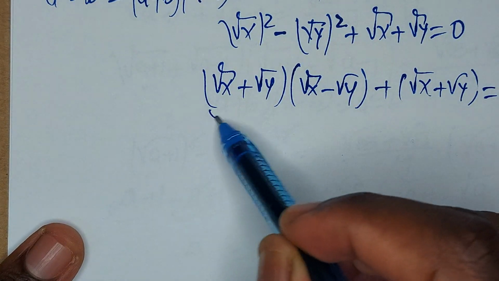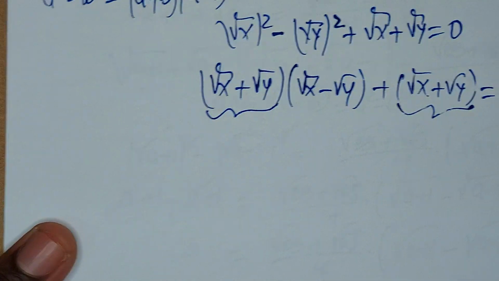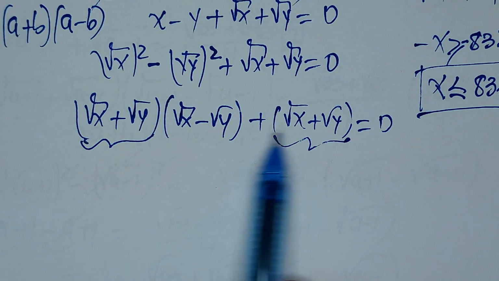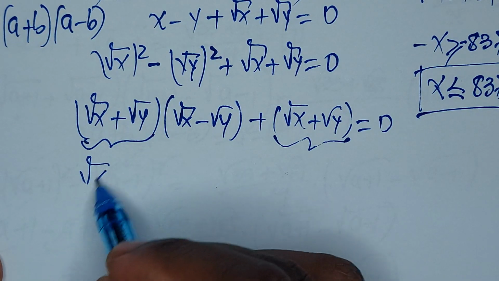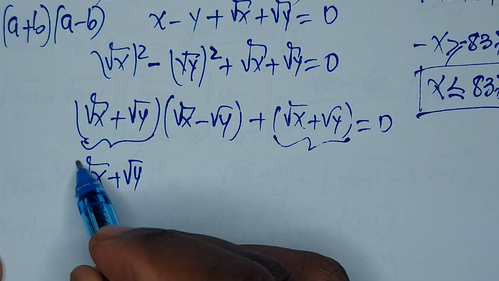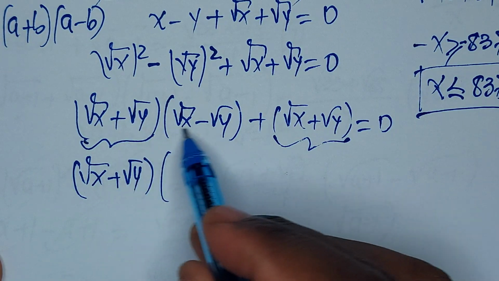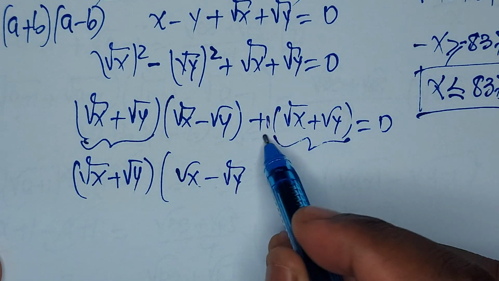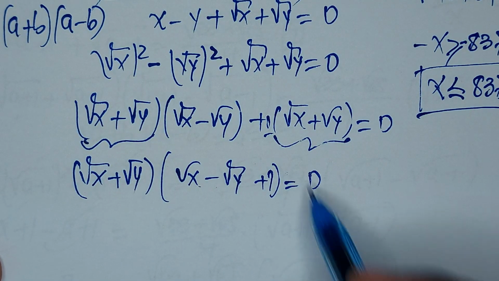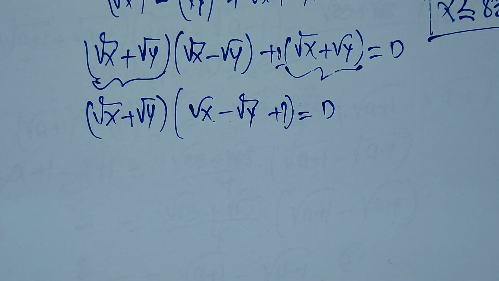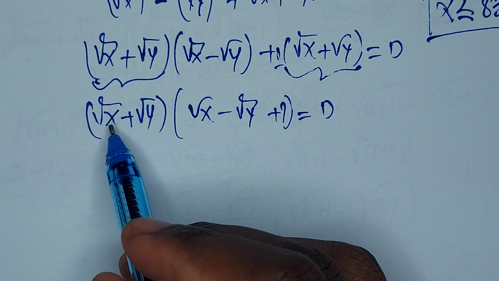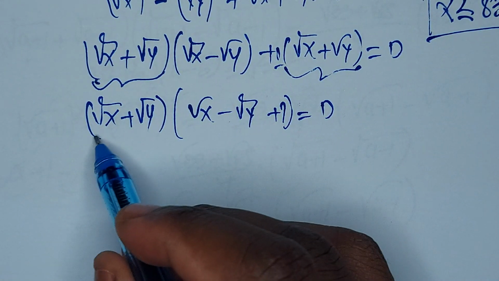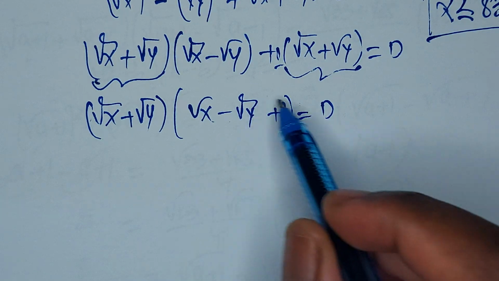This term and this term are the same. I'm going to factorize, and I will be left here with square root of x minus square root of y, and I have 1 plus 1, and this is going to be 0. Well, since this is equal to 0, but remember, we would write this equal to 0 and this equal to 0.